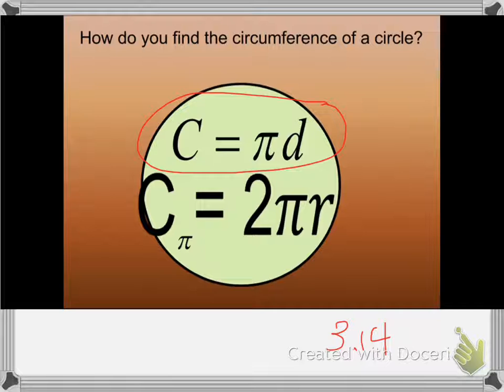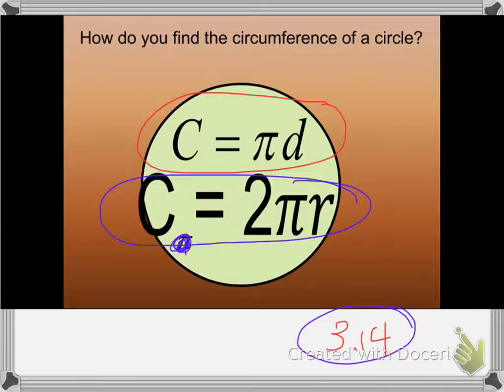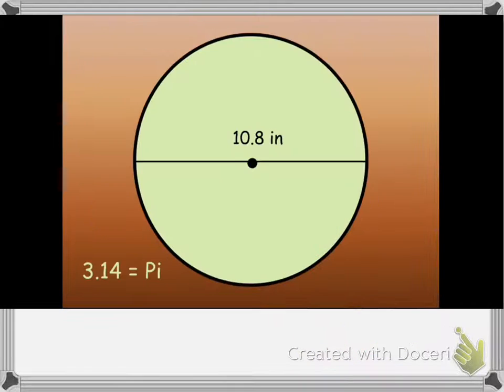Now, if you only have the radius, then you're going to use this formula. C equals 2 pi r. Circumference is 2 times pi times the radius. That's because that radius has to be doubled to find the diameter. And we're still going to use 3.14 for pi.